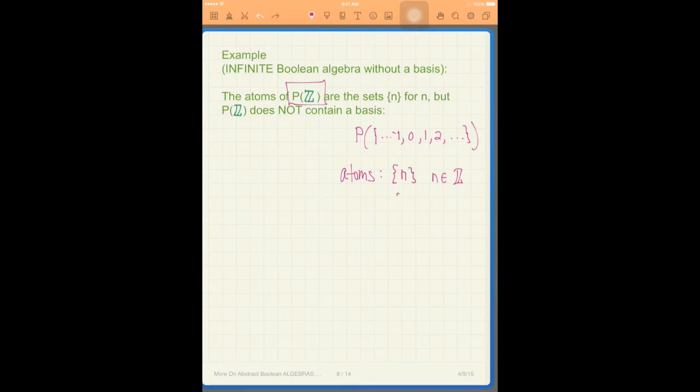If I were to list them separately, which you can't list them all, it would be negative 1, 0, 1, 2, and that's the problem, because I can't list them all. So if this is not finite, it's not going to contain a basis.